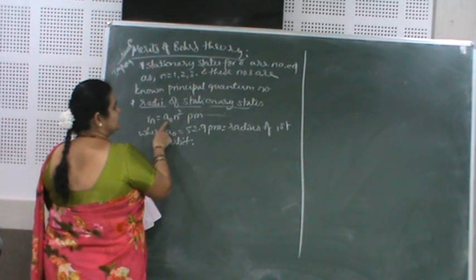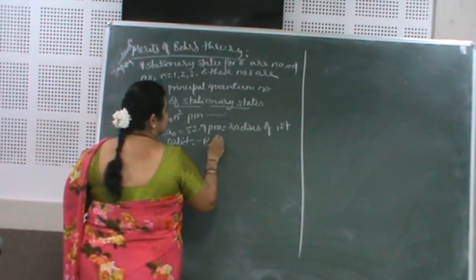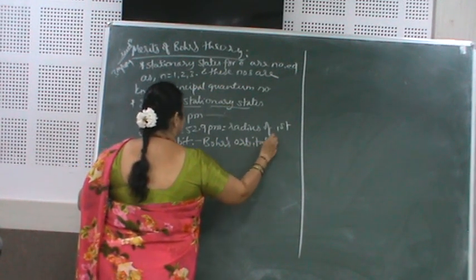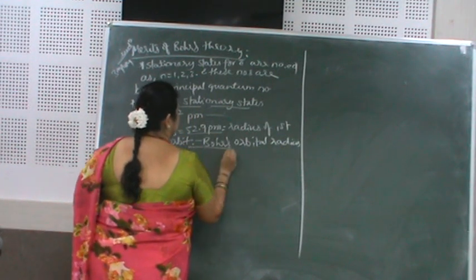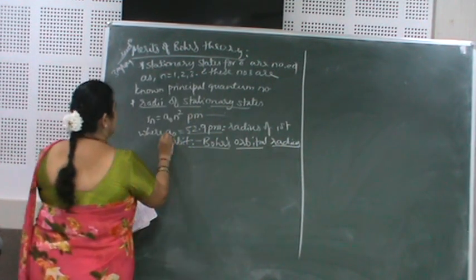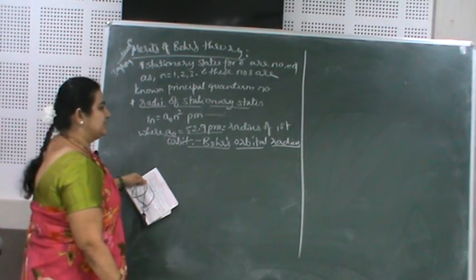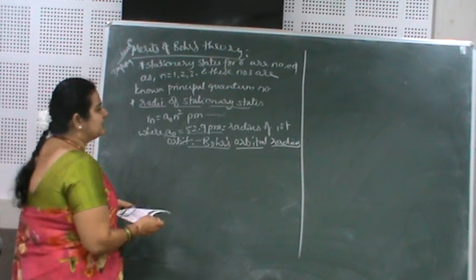It is called Bohr's orbit radius. The value A0, 52.9 picometer, is the radius of the first orbit, that is, Bohr's orbit radius.